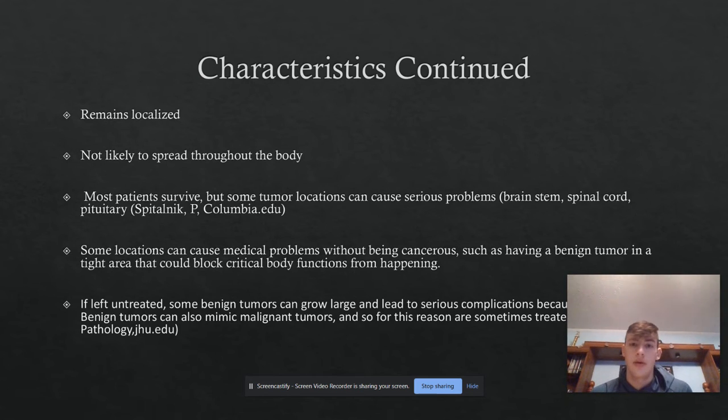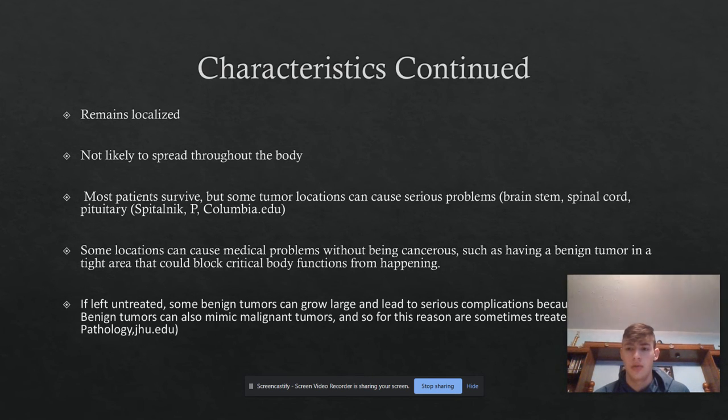Other characteristics of benign neoplasms are that they tend to remain localized and don't really grow out of the area that they are first noticed in. They are, once again, not as likely to spread throughout your body. Most patients survive having a benign tumor, but some tumor locations can cause serious problems.